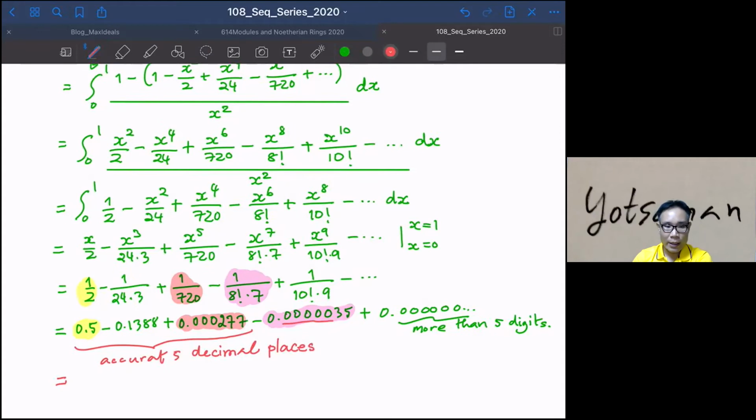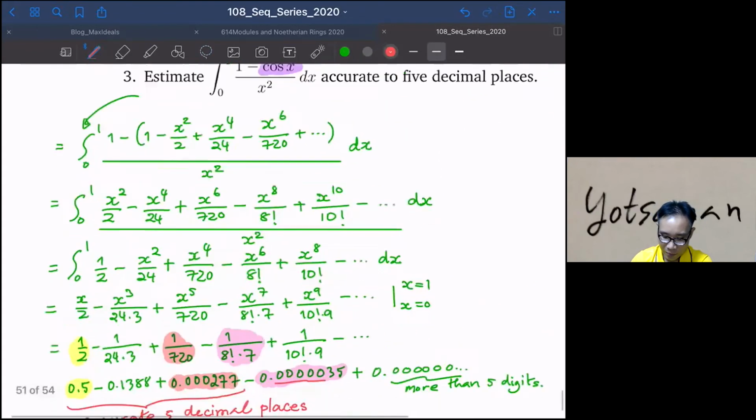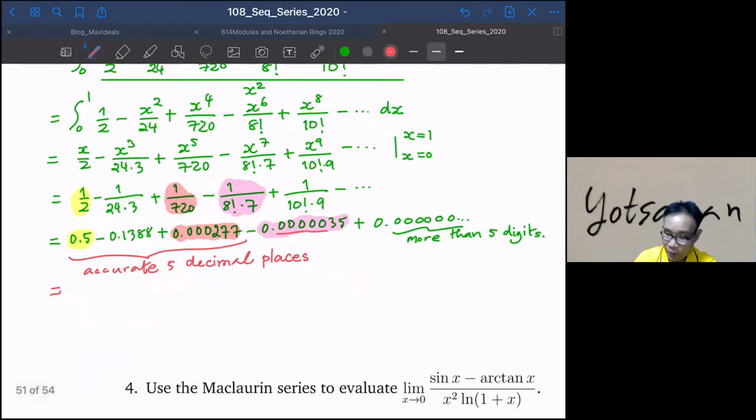Okay, so in order to have it accurate to 5 decimal places, the number that you calculate here is just the sum of these 3 numbers, and it's going to be 0.48639.